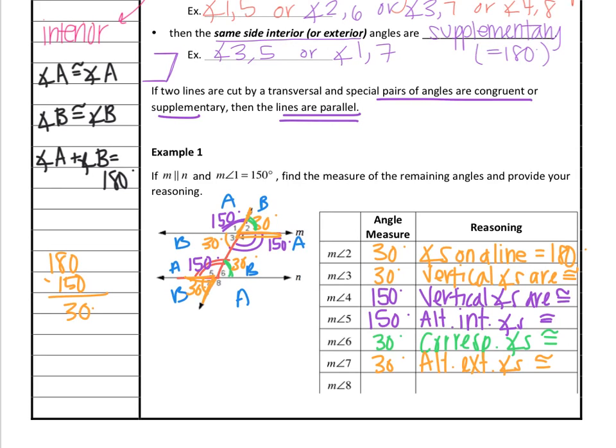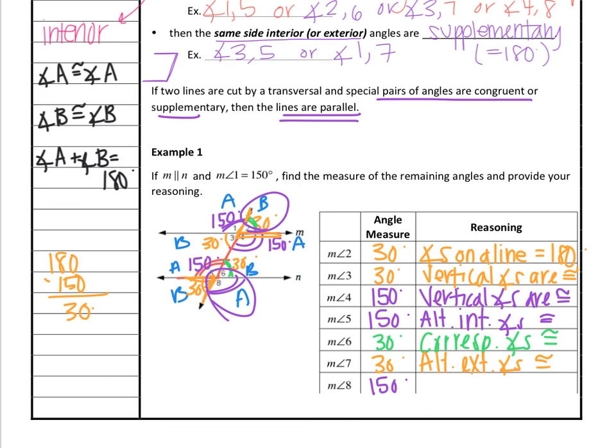And last but not least, we have angle 8, which is a large angle, 150 degrees. And we can use the fact that there's multiple options here. You have angles on a line, you have vertical angles, you have alternate exterior angles, or one that we haven't used yet, angle 2 and angle 8.